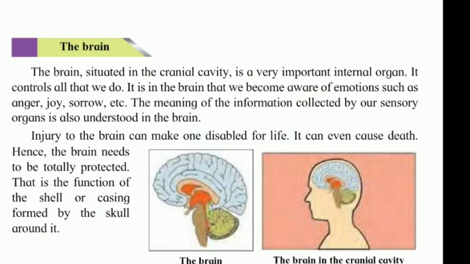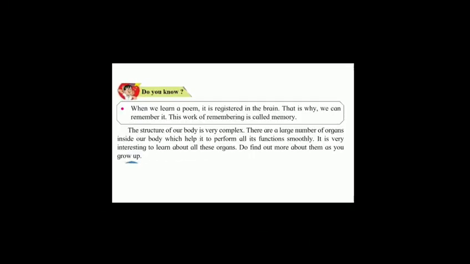Injury to the brain can make one disabled for life. It can even cause death. Hence, the brain needs to be totally protected. That is the function of the shell or casing formed by the skull around it.